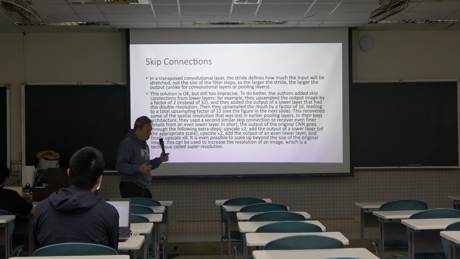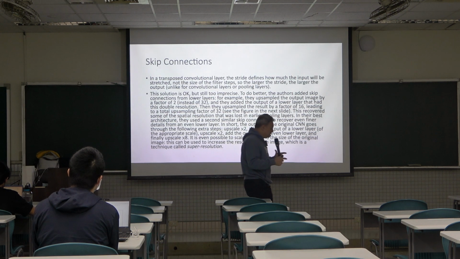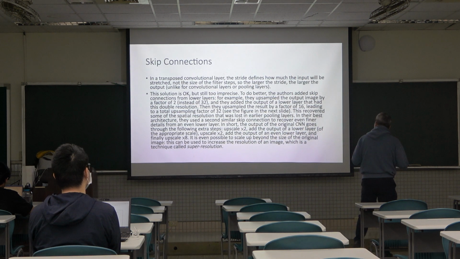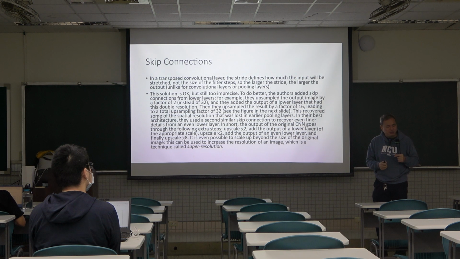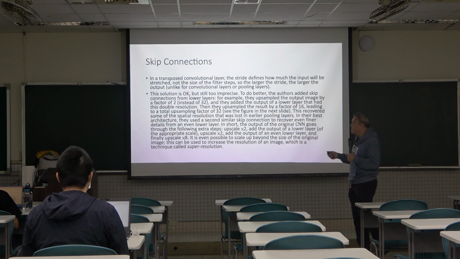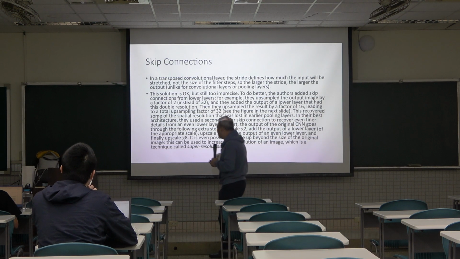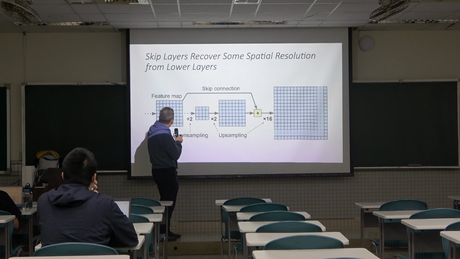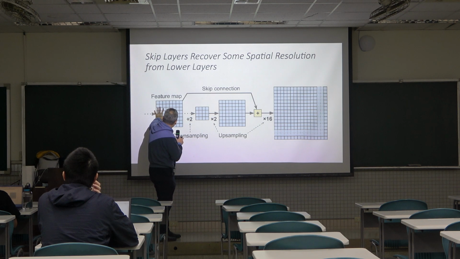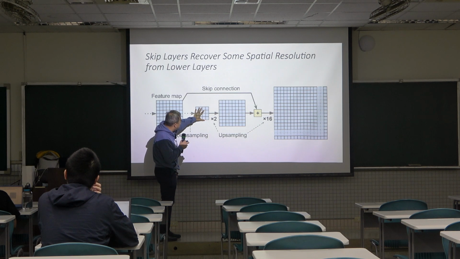Because if you only do the transpose convolutional layer, sometimes the information may not be enough to get a good job done. So let me show you the concept. This is the original feature map, and after the downsampling, it was shrunk to something like this.